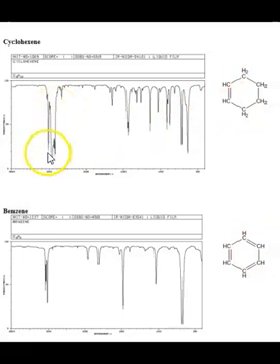This one has that alkene, the C double bond that we talked about, and that also appears here. The difference is now that this is an aromatic only because you have alternating double bonds. This is not an aromatic because it only has a single double bond, right? But you also see this.